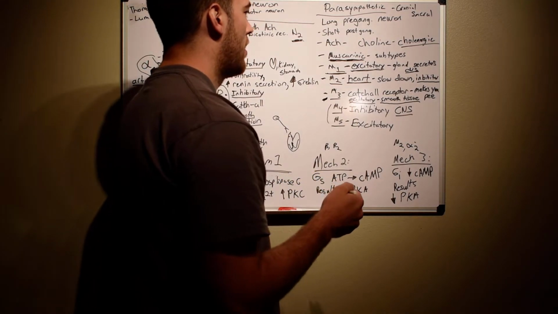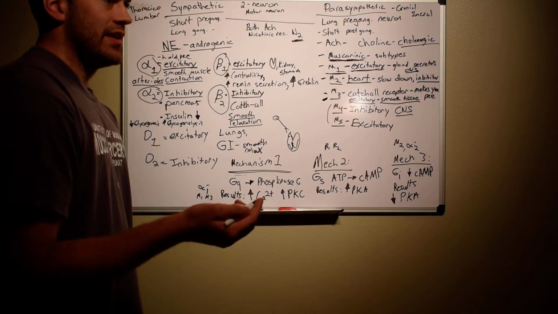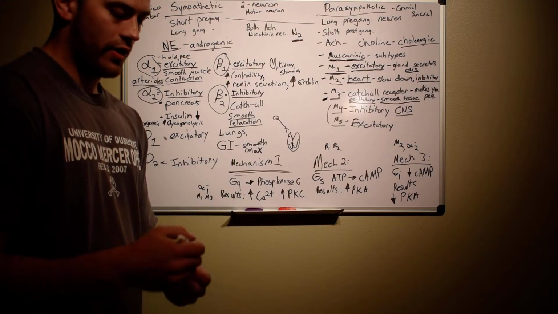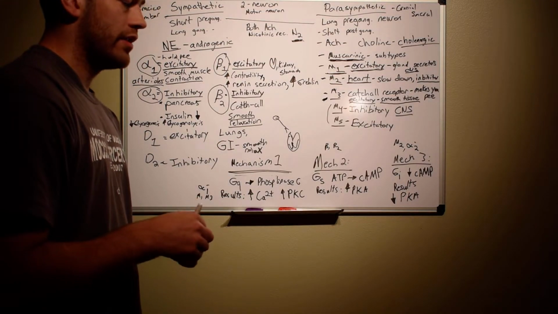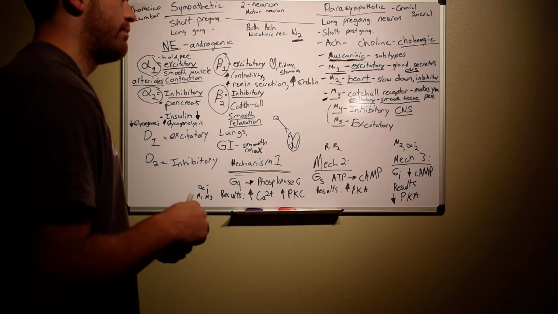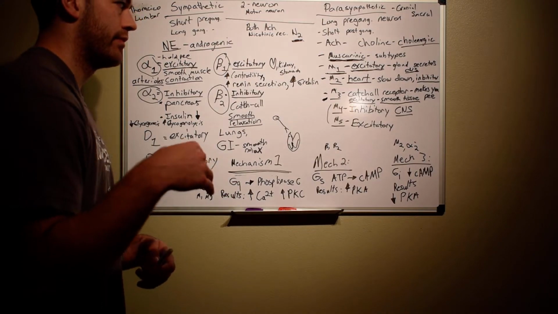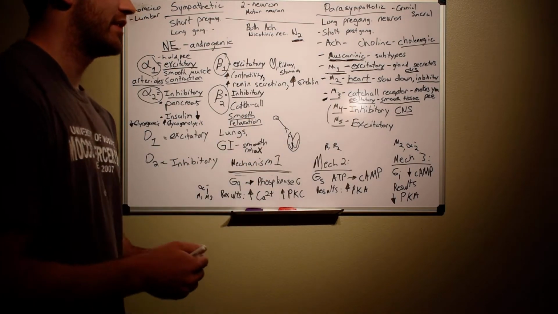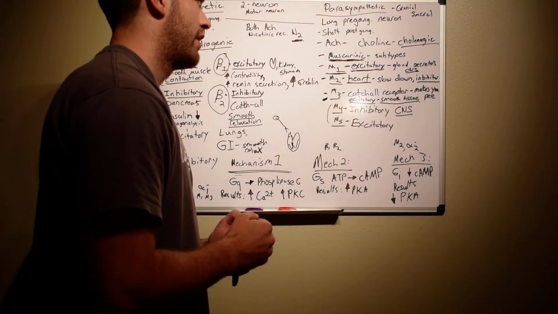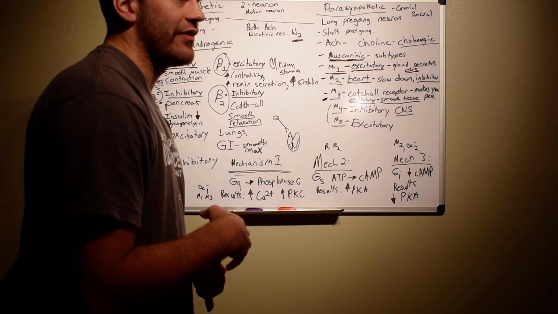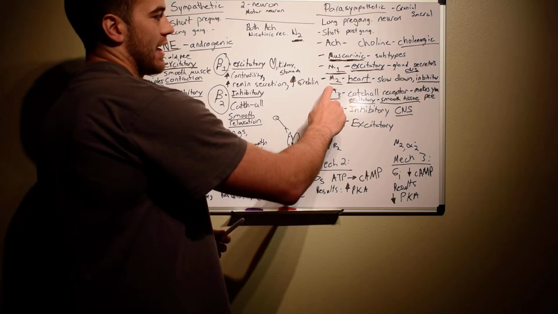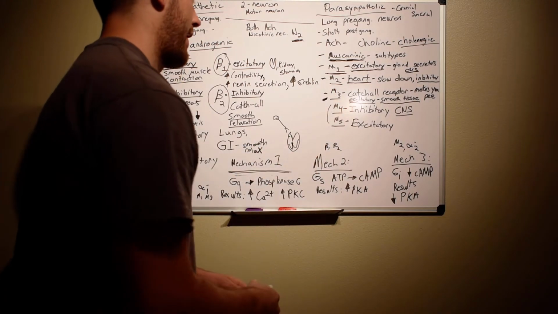The other way it does this is it decreases the concentration of calcium within the cardiac myocytes. In cardiac muscle and pretty much all muscle, you need calcium to be released from the sarcoplasmic reticulum. In the heart, it's called something a little bit different, but we'll get there. When it's released, it allows the fibers to contract. So we need calcium, and this decreases calcium. That's the mechanism behind that.